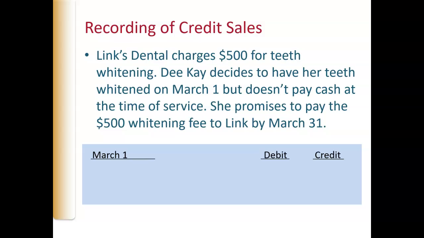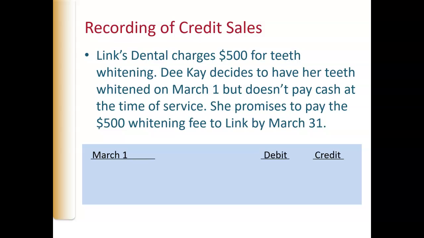So here is an example of recording a credit sale. Lynx Dental charges $500 for teeth whitening. Dee decides to have her teeth whitened on March 1st, but doesn't pay cash at the time of the service. She promises to pay the $500 whitening fee to Lynx by March 31st.